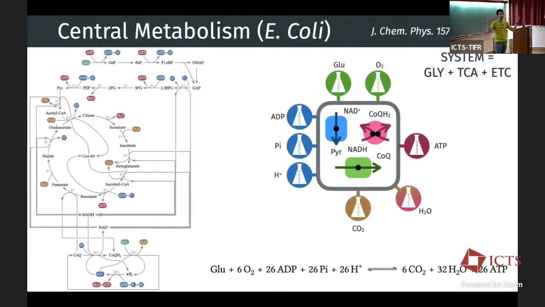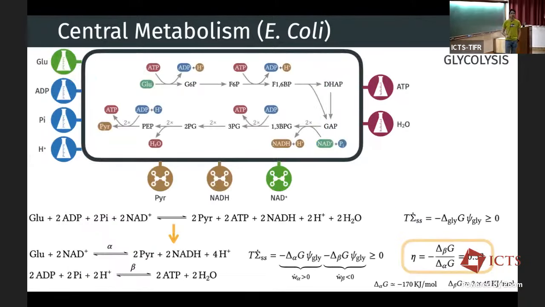Everything else is internal. And these are the terminal species of the modules: glycolysis, TCA cycle, and electron transport chain. Pyruvate, NADH, NAD+, and I have no idea how to call them. Sorry for the biologists.